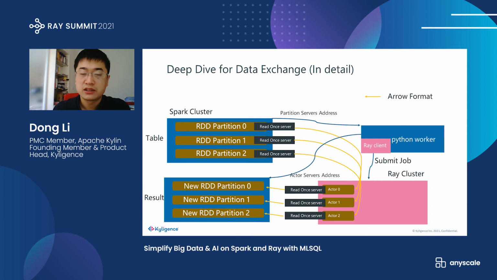Then the Spark cluster will send the addresses of these socket servers to the Python worker. At this time, users can obtain these server addresses through the PyJava API. Then users can start the Ray task and freely decide how to pass them to the Ray task. These server addresses will help the user get the data from the tables in Spark.